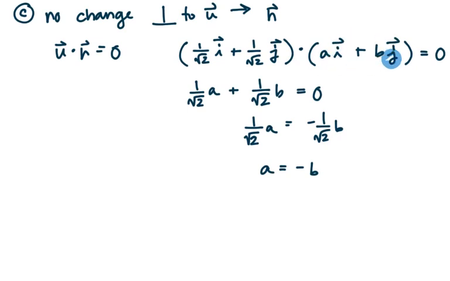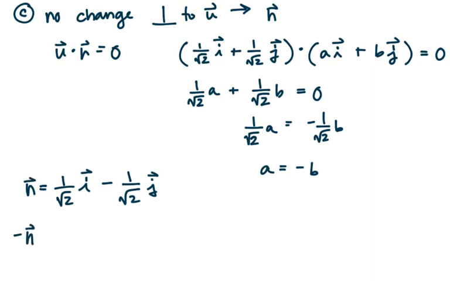So considering we created a like this, we can say that my normal vector is 1 over root 2 i minus 1 over root 2 j. And that normal vector in the exact opposite direction would be negative 1 over root 2 i plus 1 over root 2 j.